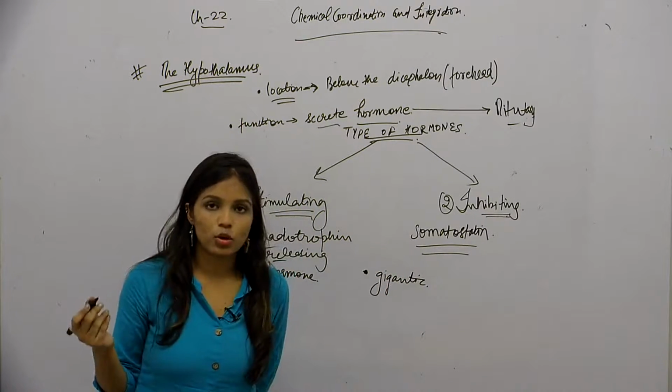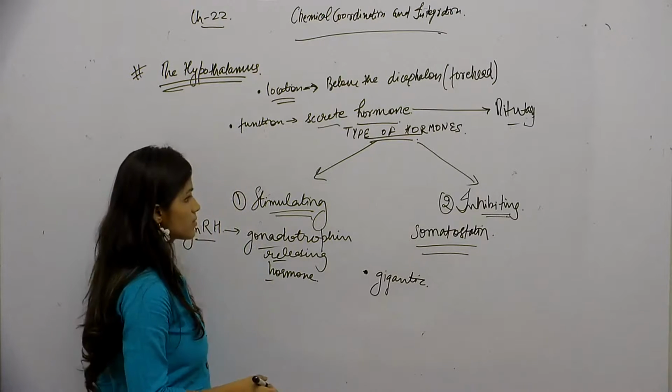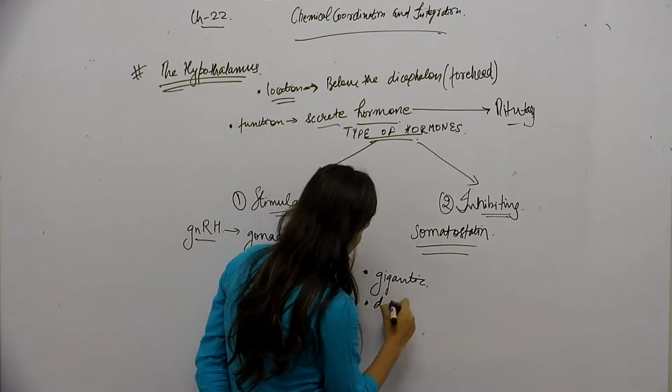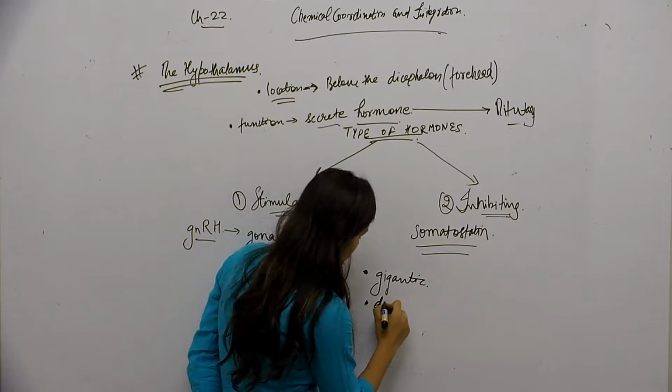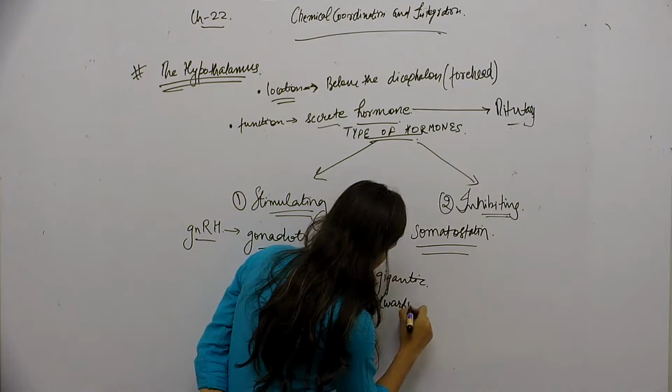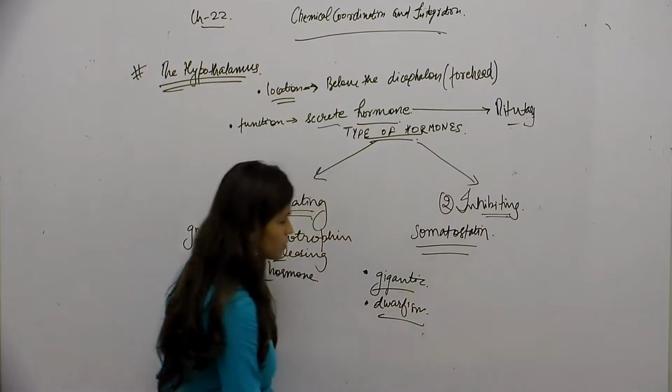And if there is a shortage of the growth hormone, it is known as dwarfism.